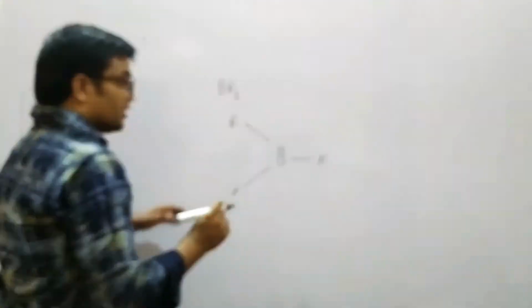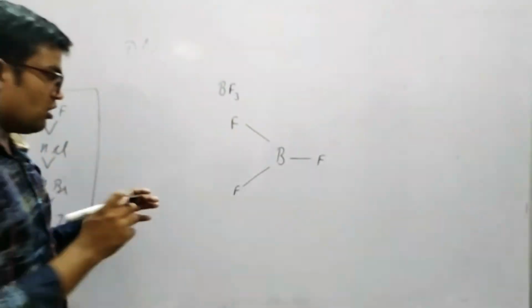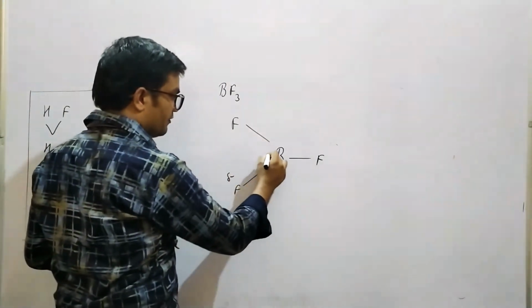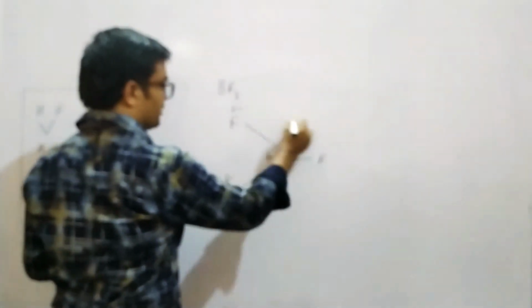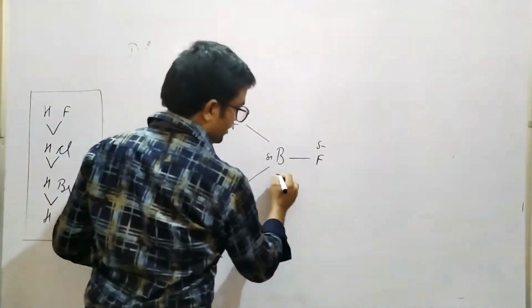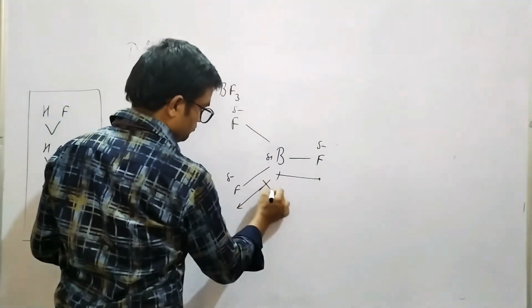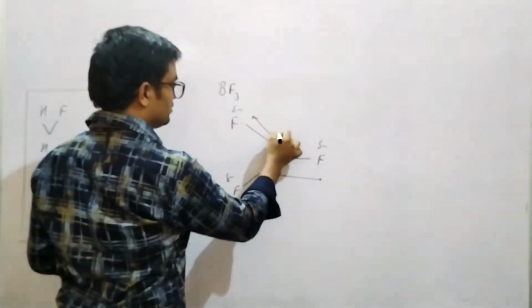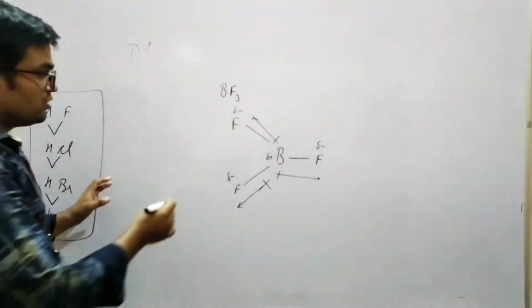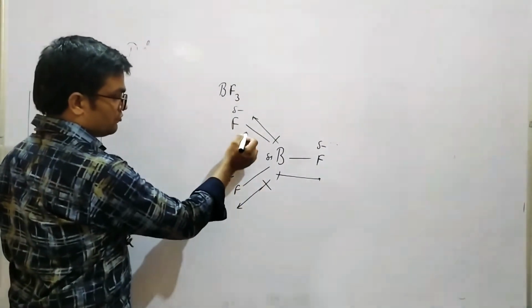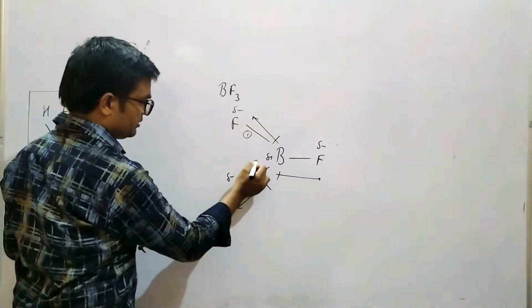See students, here the bonds are polar. How? Fluorine is the more electronegative atom, so delta negative, and boron delta positive. Hence the direction is this.